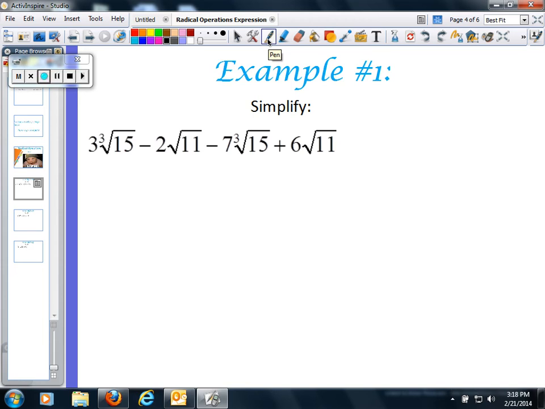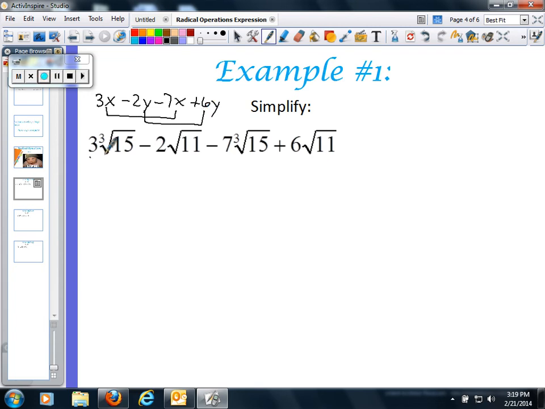So whenever you have radicals, you think of them as a variable. So if I had 3x minus 2y minus 7x plus 6y, when I added these together, I would only combine the like terms, right? Well, it's the same idea here. And since you're adding and subtracting, all you add or subtract are the coefficients, okay?